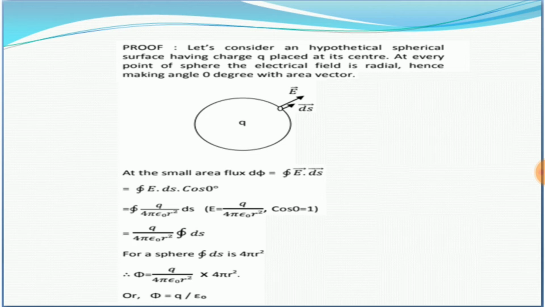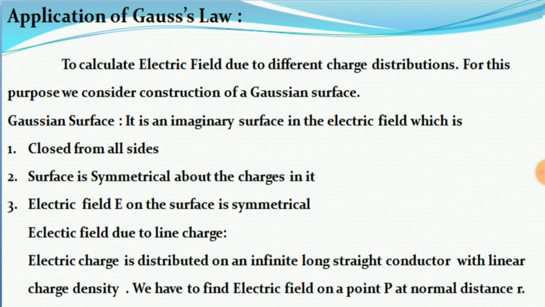So closed integral Q upon 4 pi epsilon naught r square ds. We are putting here the value of E. So Q upon 4 pi epsilon naught r square integral ds, and for a closed sphere integral ds is 4 pi r square, so it is equal to Q upon 4 pi epsilon naught r square into 4 pi r square, or we get phi is equal to Q upon epsilon naught. This is Gauss theorem.